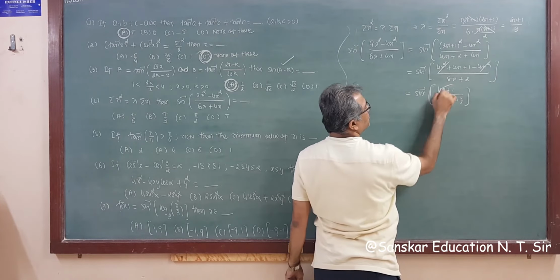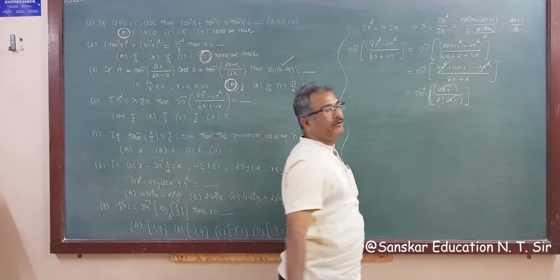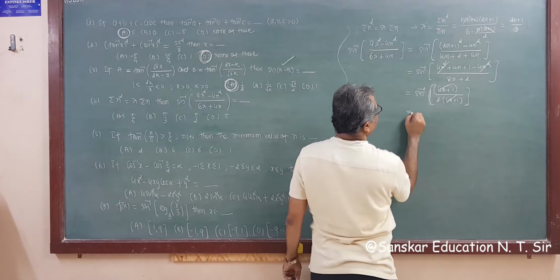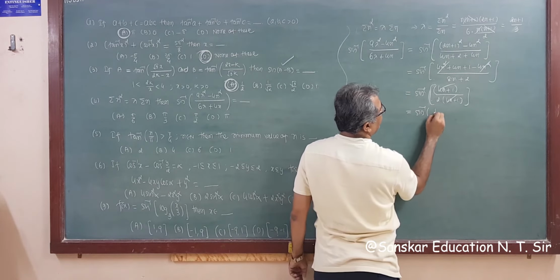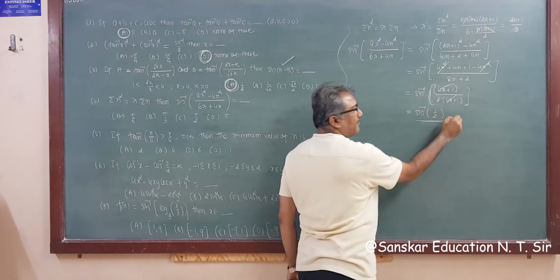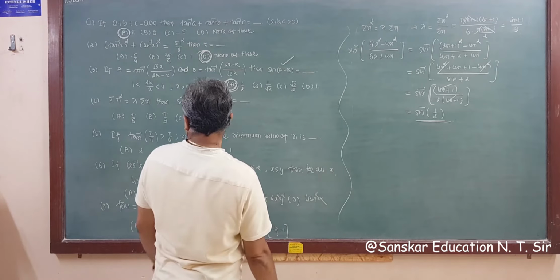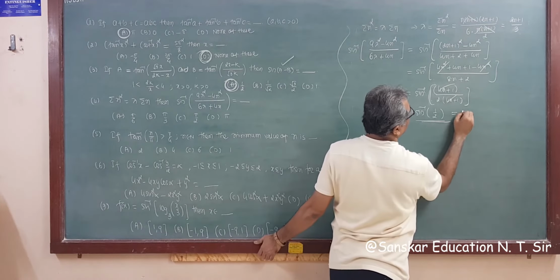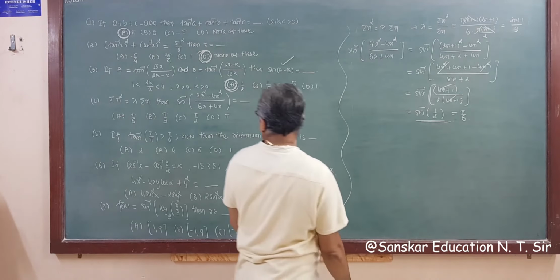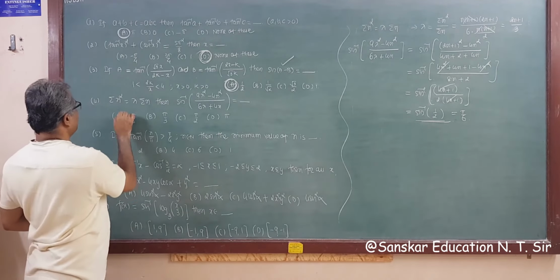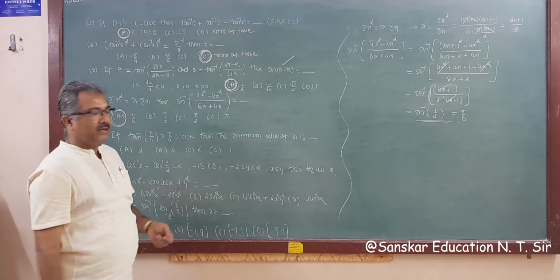So this will cut, and the answer will be half. So the answer is sine inverse half, and sine is half for 30 degrees, that is pi by 6. So your proper answer will be option pi by 6, which means option A is your correct answer.